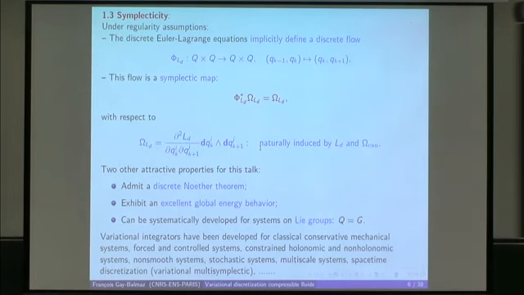Now, due to the symplecticity of the flow, it also exhibits a very nice energy behavior. This is a well-known result from backward error analysis, which tells me that the numerical schemes, in fact, preserve an approximate Hamiltonian with respect to the problem that we discretize.